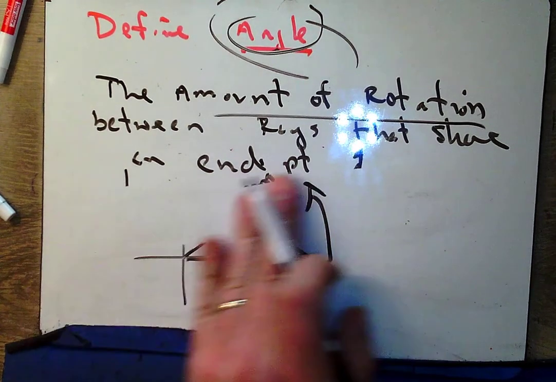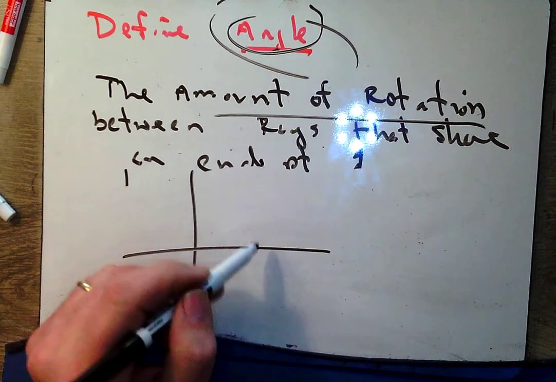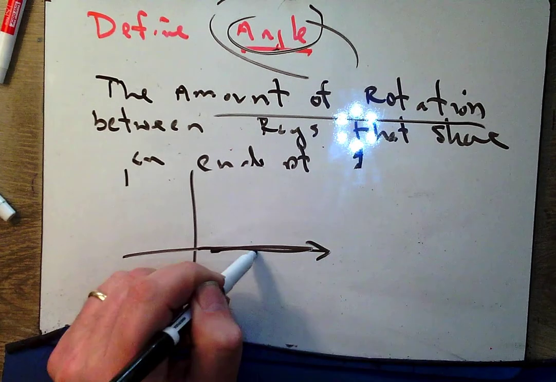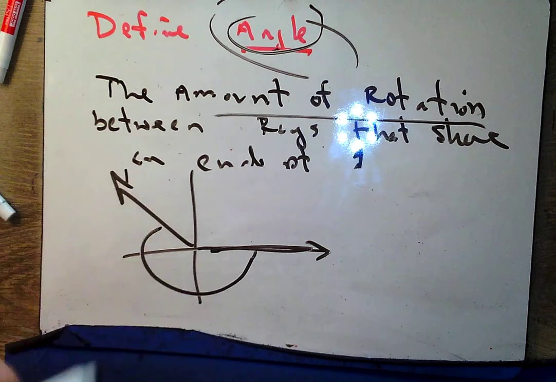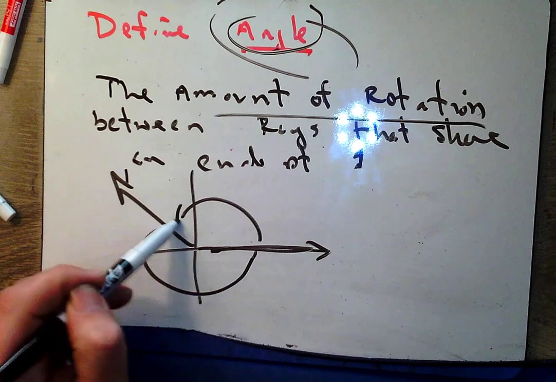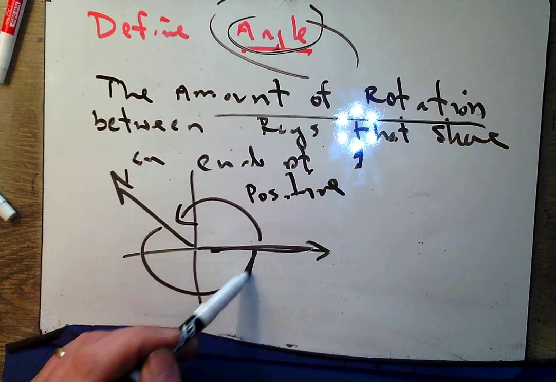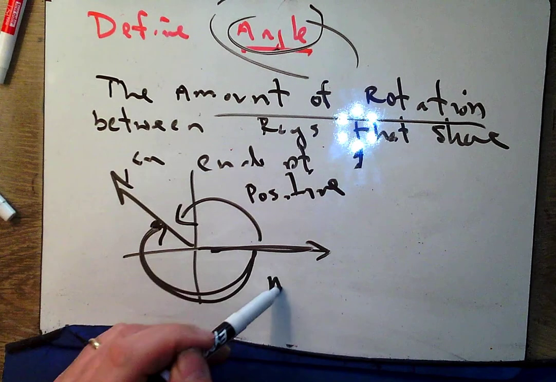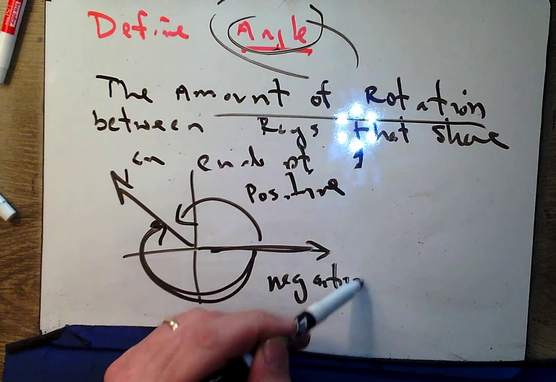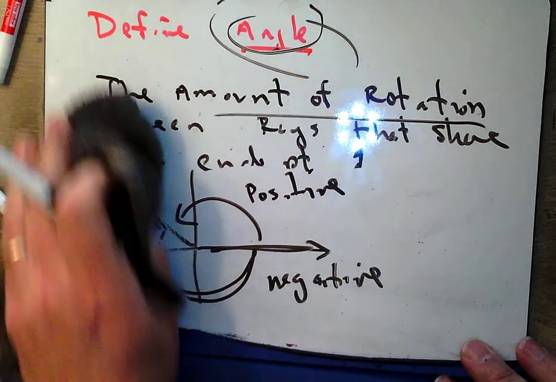The cool thing about defining angle in terms of rotation is that rotation can be counterclockwise, but it could also be clockwise, and that's a negative angle. So now we're going to talk about rotating in a positive direction for a positive angle, and rotating in the opposite or negative direction to get this negative angle. That's very exciting.